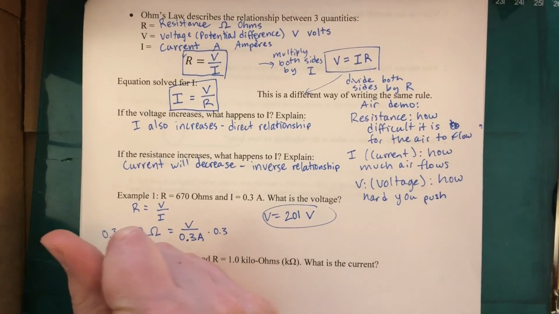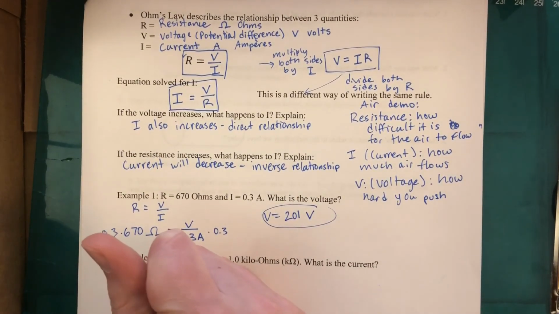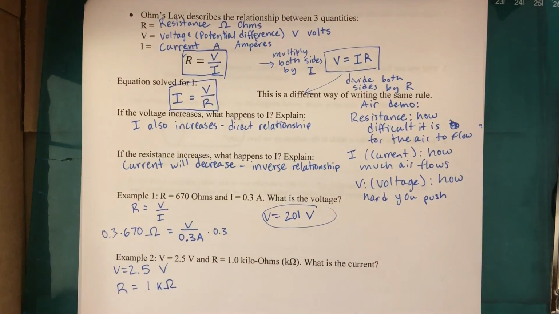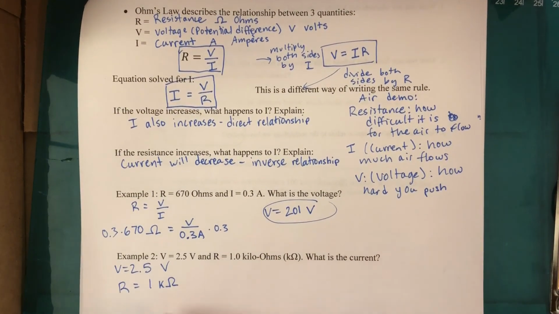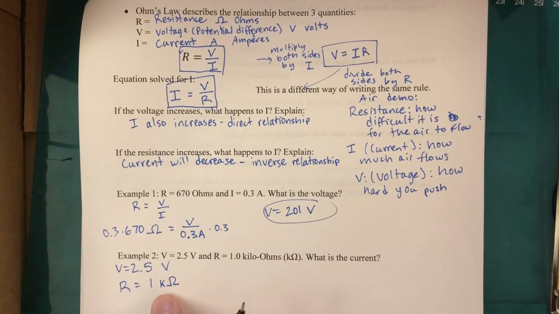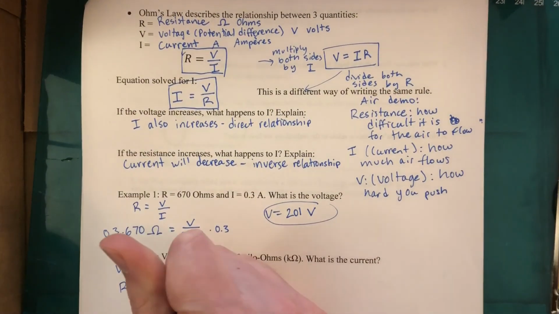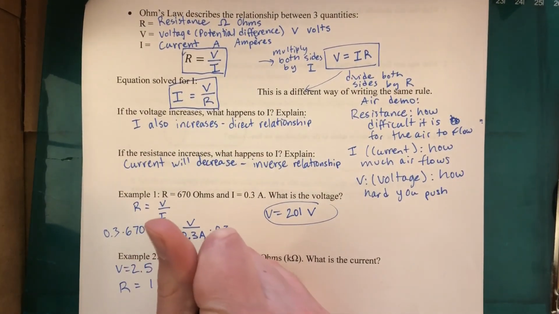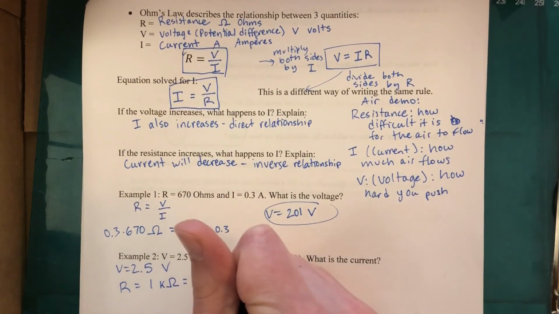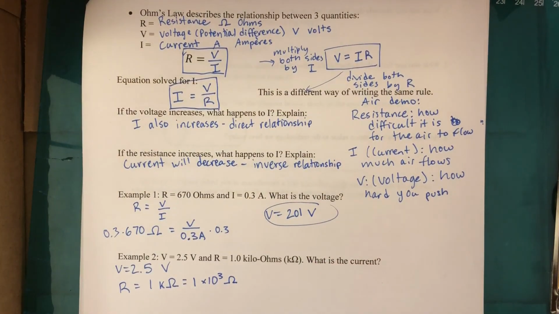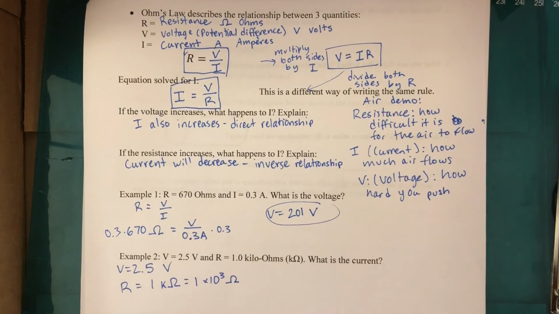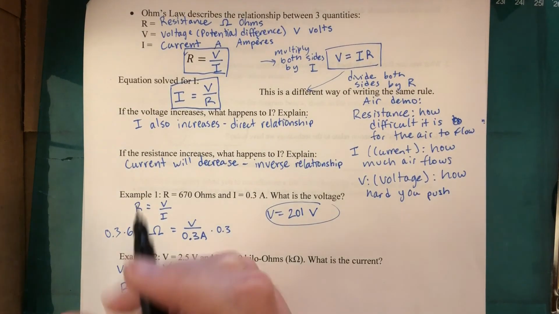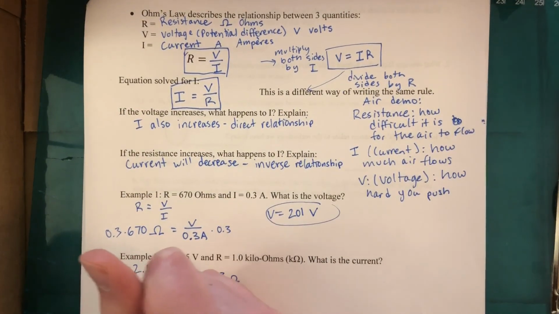R is 1 kiloohm. Or you can check on the reference table. Kilo means 10 to the 3. So this is 1 times 10 to the 3 ohms, or 1,000 ohms. And I want to find I.